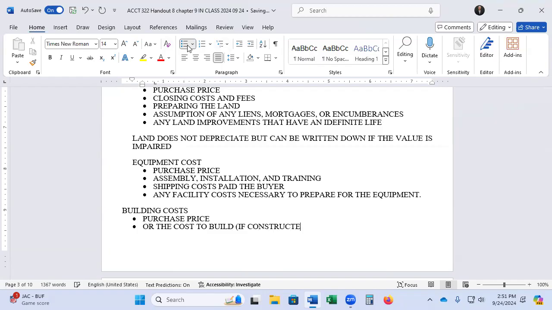If constructed, materials, labor, and overhead are charged to the building.